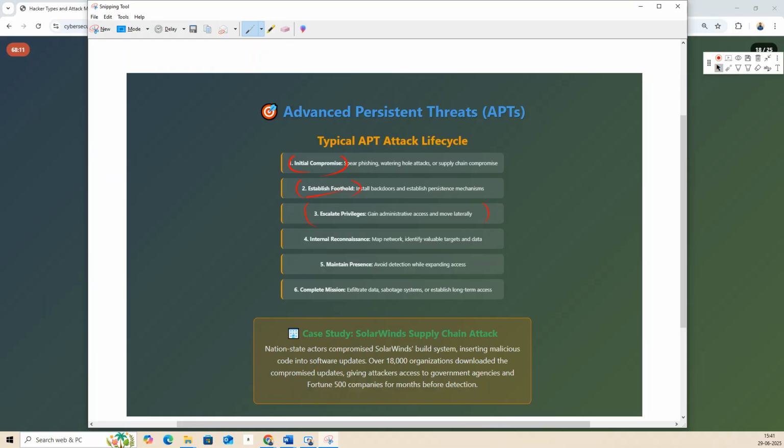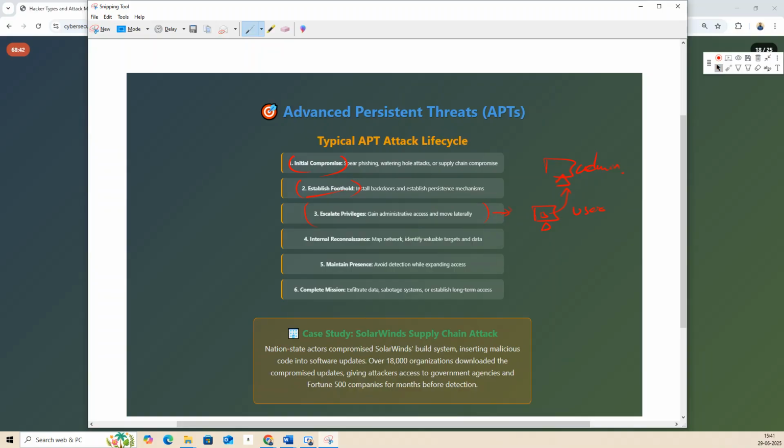Escalate privileges is about the fact that the initial access is often limited. Let's suppose I hacked into a normal user account. Now I want to go to an admin account, with admin privileges. Escalating my privilege from the user account to an admin account is what is called escalate privileges, gaining administrative access. Then we have internal reconnaissance.